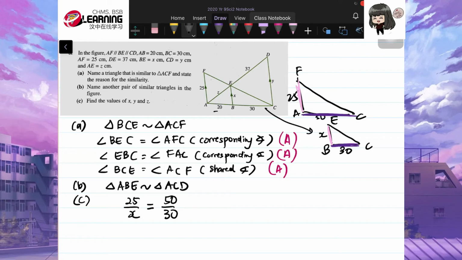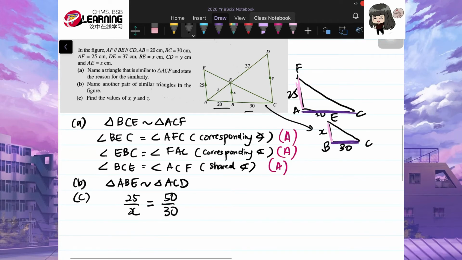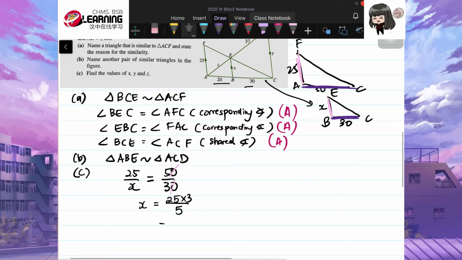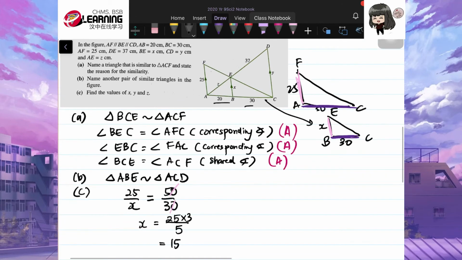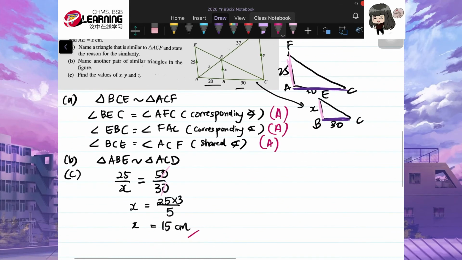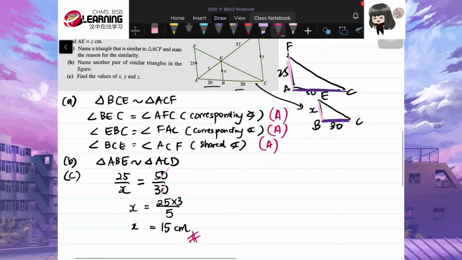Why is it 50? Because 20 plus 30. Then we can simplify, cancel the zeros, and find x, which equals 25 times 3 over 5, and it's 15 centimeters. Okay, that's x.